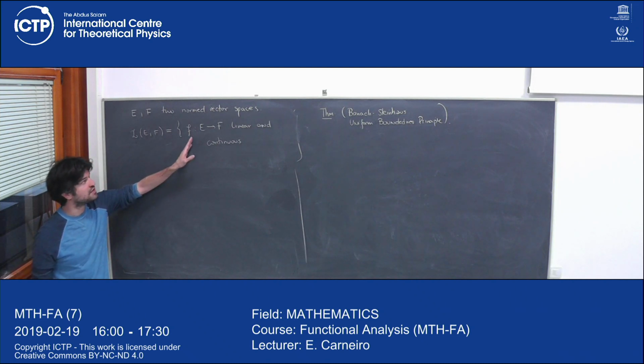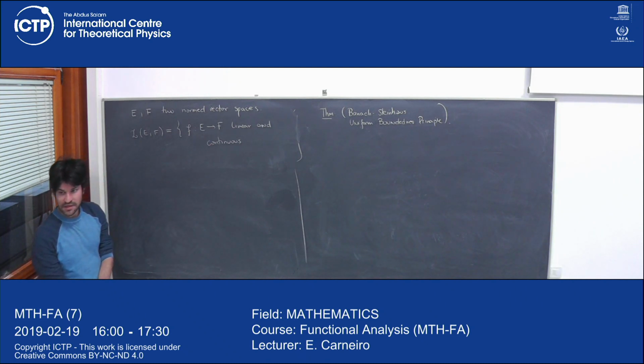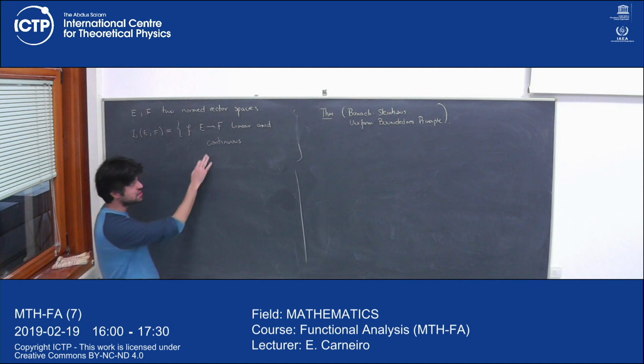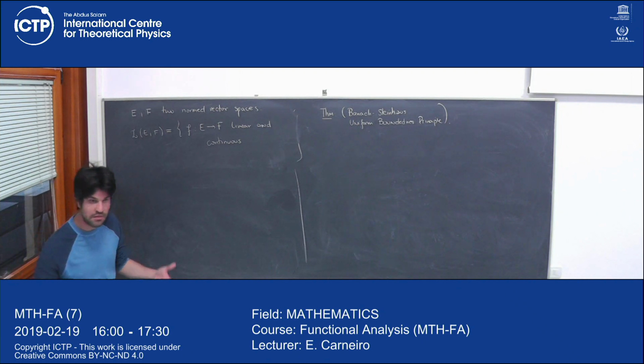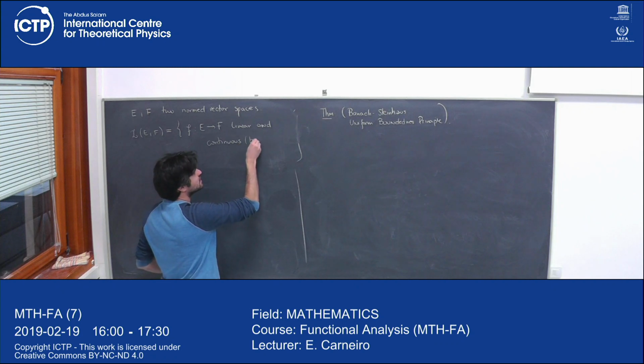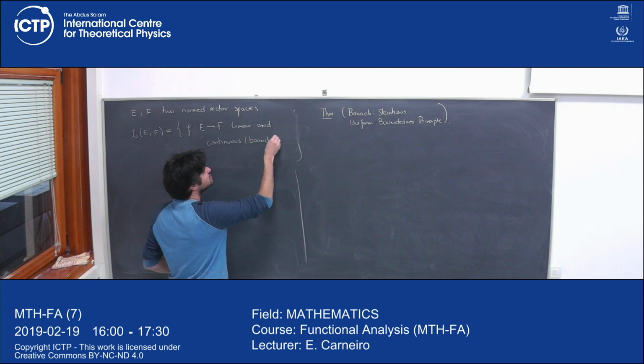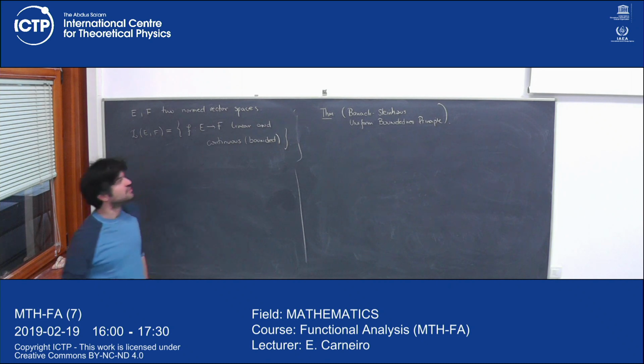As we have seen before, continuity at any point, since it is linear, is equivalent to being continuous at 0, and being continuous at 0 is equivalent to being bounded. So I can also say linear and bounded maps from E to F.